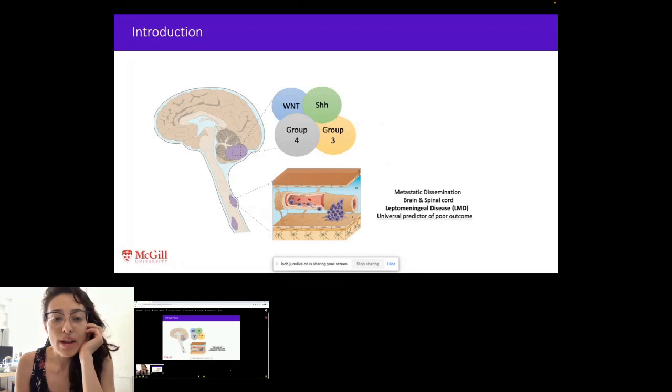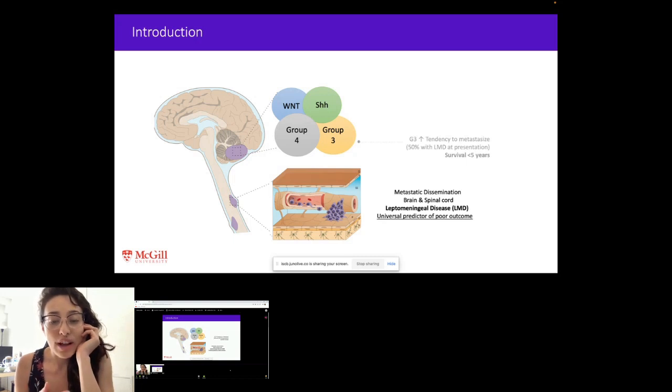When we are talking about metastatic medulloblastoma, we are talking about something that we denominate as leptomeningeal disease, because it's the spread of metastatic cancer cells along the leptomeningeal space. It's fatal and incurable, and no progress has been made in 30 years to understand or to try to prevent leptomeningeal disease.